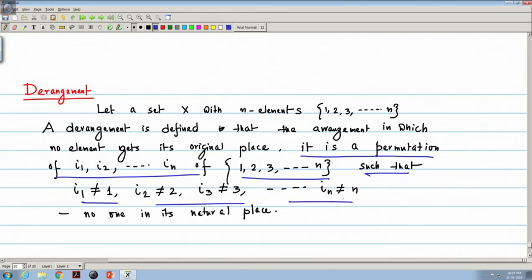Now, we normally denote the derangement of n elements, since it is a permutation of n elements, as Dn. This is the convention. Now we see how we can make the derangement.